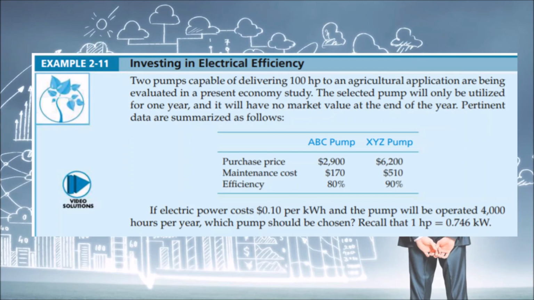For ABC pump, the purchase price is $2,900, maintenance cost $170, and efficiency 80%. For XYZ pump, the purchase price is $6,200, maintenance cost $510, and efficiency 90%. If electric power costs 10 cents per kilowatt-hour and the pump will be operated 4,000 hours per year, which pump should be chosen? Recall that 1 HP is equal to 0.746 kilowatts.